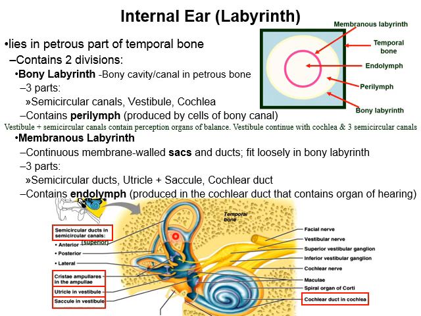Inside this bony labyrinth, you will see membranous labyrinths, bluish color, which are the semicircular ducts located inside the semicircular canals. The utricle and the saccule are located inside the vestibule, and the cochlear duct is located inside the cochlea.